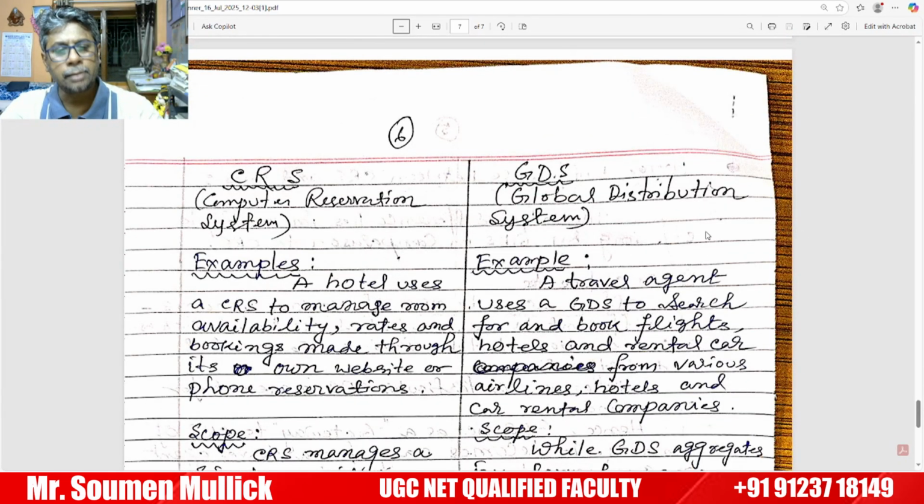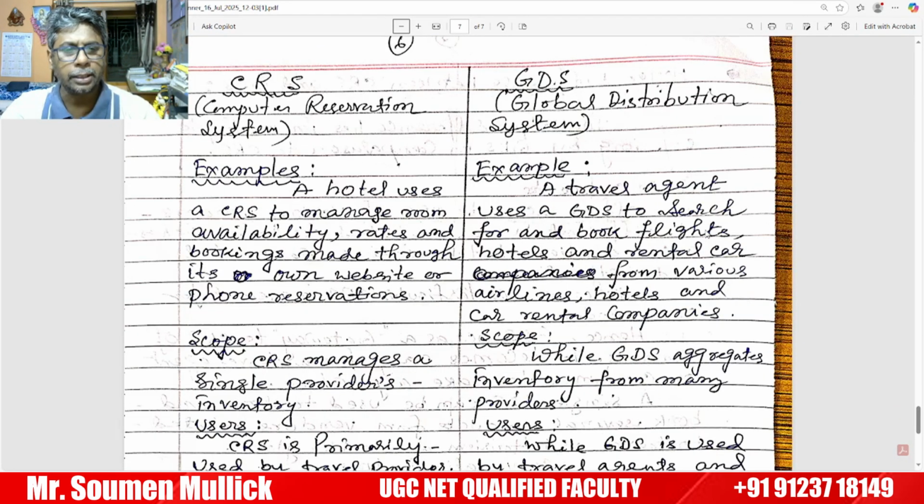As an example of CRS, a hotel uses a CRS to manage room availability, rates, and bookings made through its own website or phone reservation. In the case of GDS, the travel agent uses it to search for and book flights, hotels, and rental cars from various airlines, hotels and car rental companies.